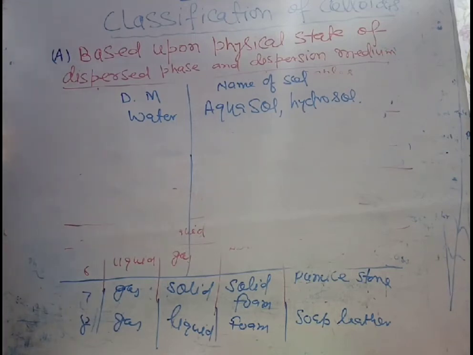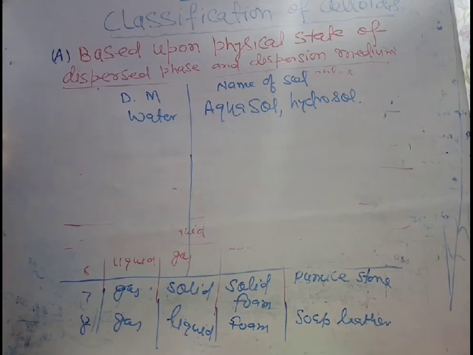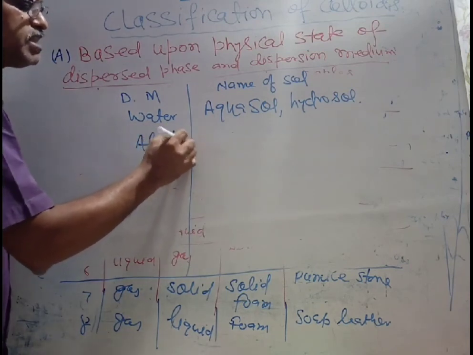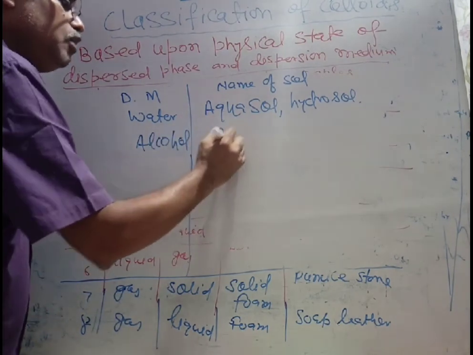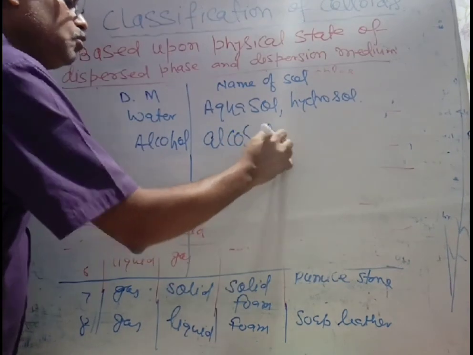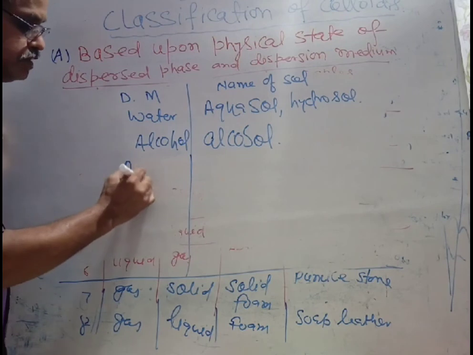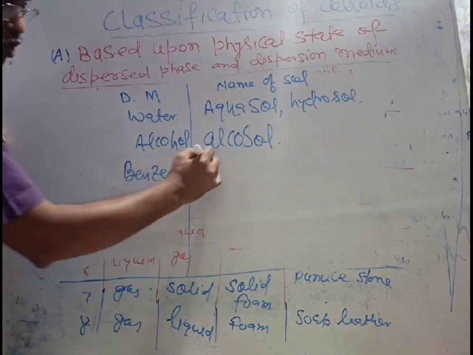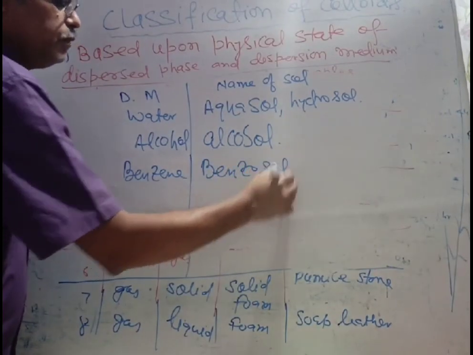Okay, so if something is dispersed in water, it is known as aquasol. Something dispersed in alcohol, means if the dispersion medium is alcohol, known as alkosol. Something dispersed in benzene, known as benzosol.